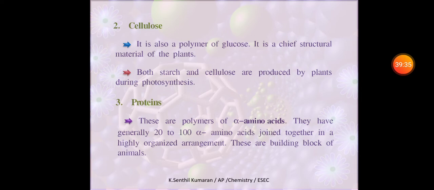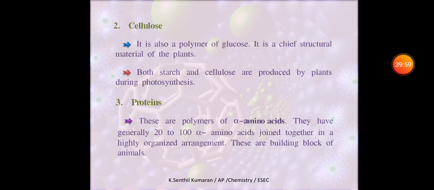So the first one is starch, the second one is cellulose. SC: S means starch, C means cellulose. Then another important natural polymer is protein, SCP: starch, cellulose, proteins.